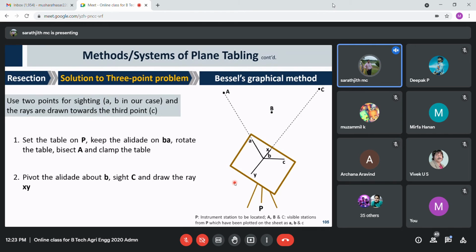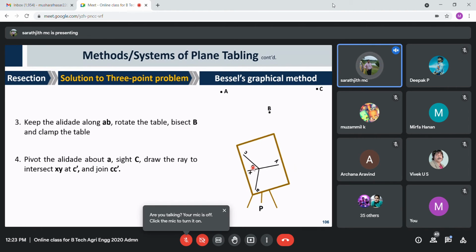The next step is to rotate the alidade and bisect the point B. But before that, you have to place your alidade along AB. In this position, you rotate your table in such a way that you sight the point B. Okay.